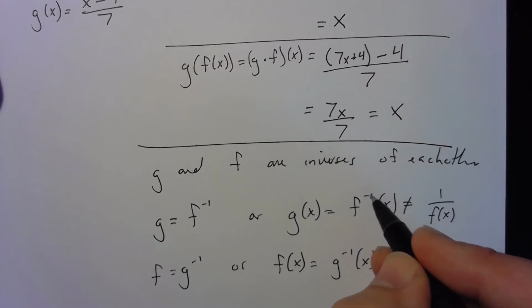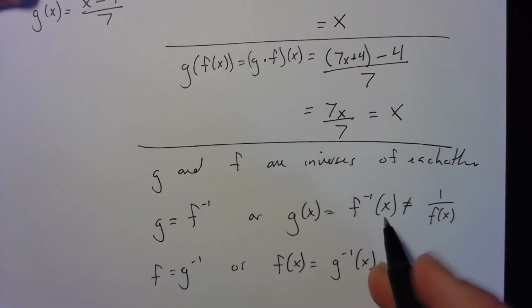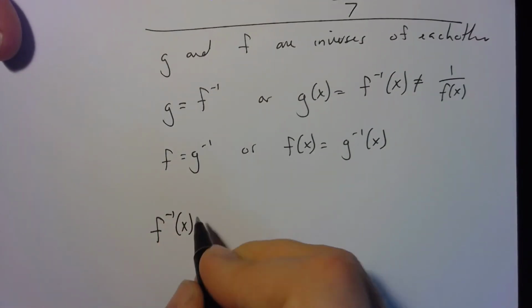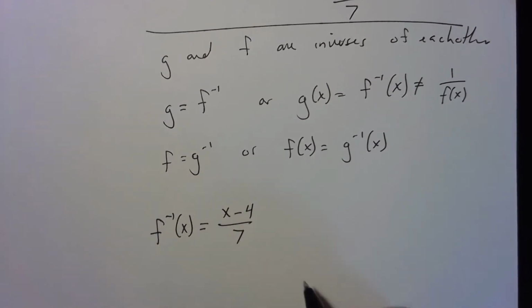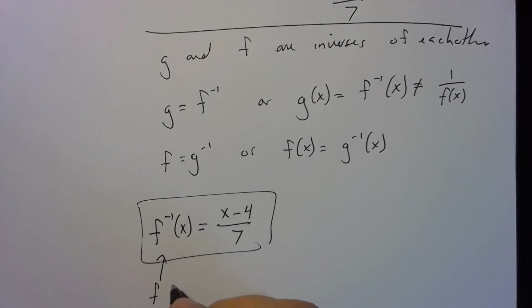This is not a power. This is a superscript representing a notation for the inverse function. So f inverse of x is equal to the original function g, x minus 4 over 7. Again, this is notational, and this is identifying f inverse.